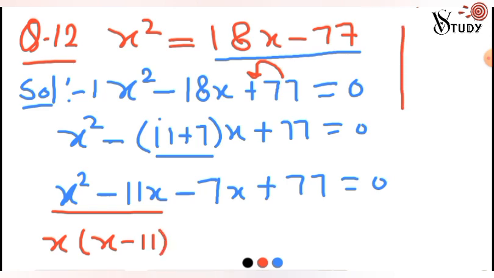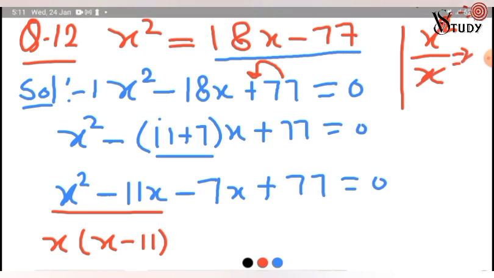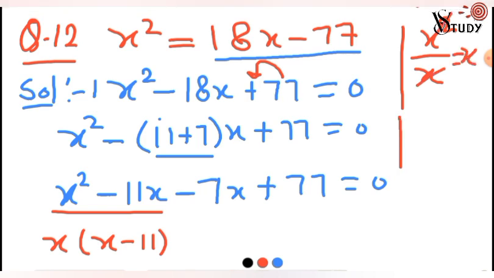You can see here, when you take x common from x square, you divide x square by x, and the final result is x. In the same manner, when you divide negative 11x by x, this x cuts this x, and the final answer is negative 11.